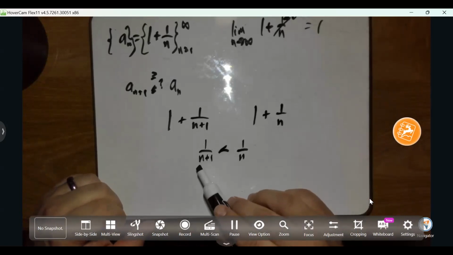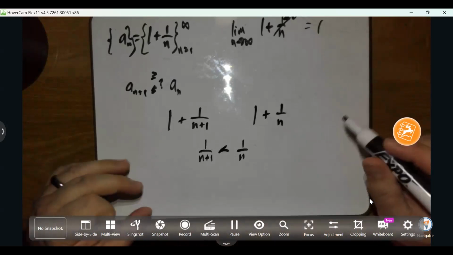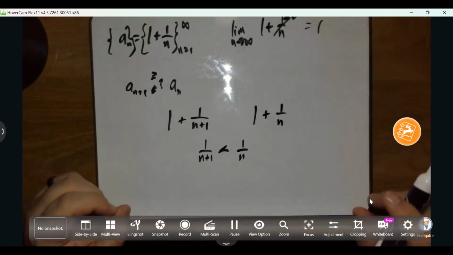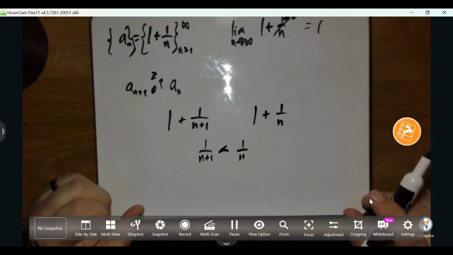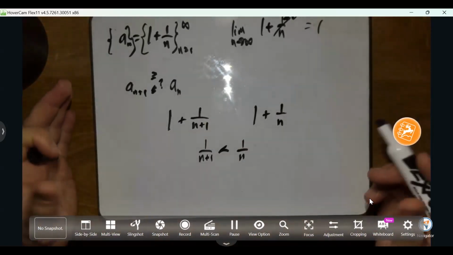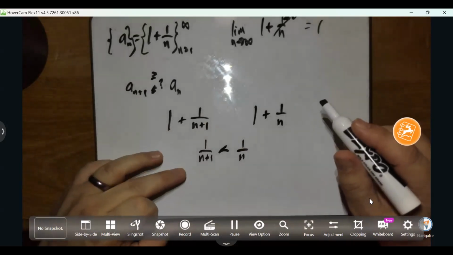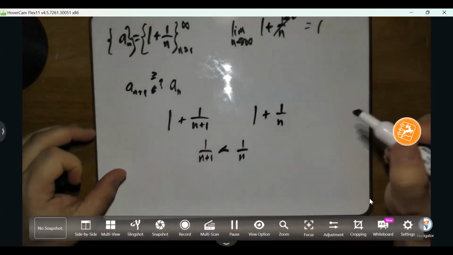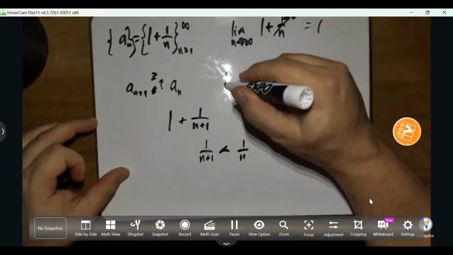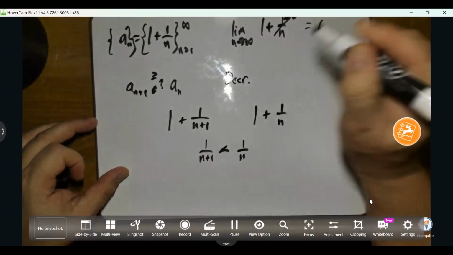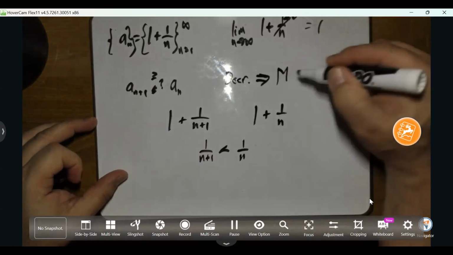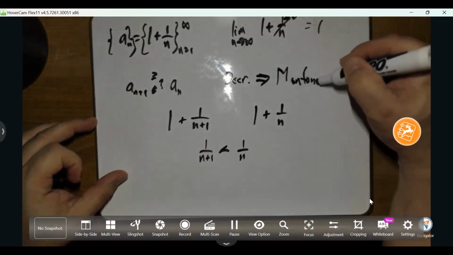The n plus first term is always going to be smaller than the nth term, because I'm adding 1 plus an increasingly smaller number. So that's always going to be smaller. And so that means that a sub n is a decreasing sequence, which means since it's decreasing, it's monotonic.